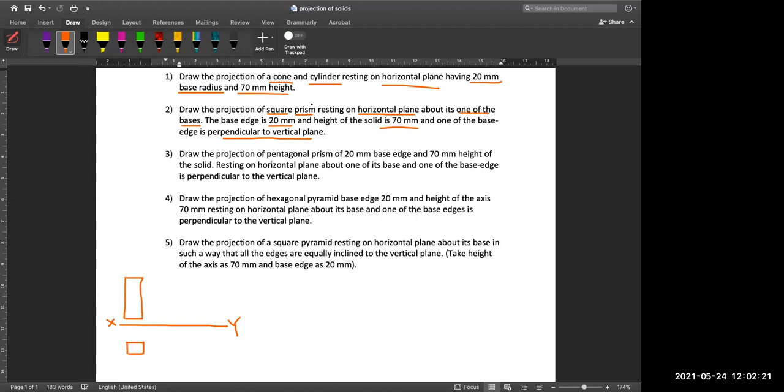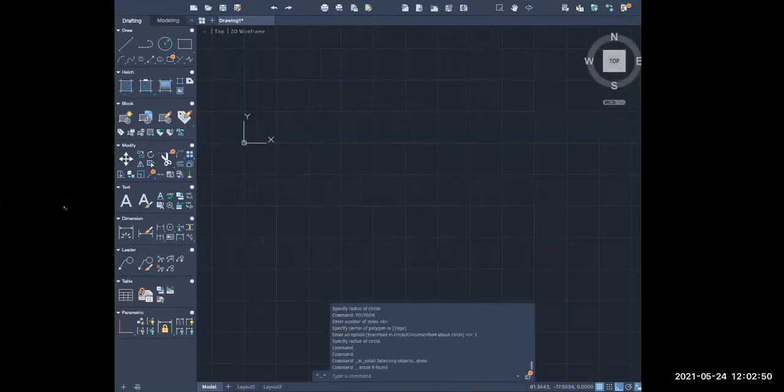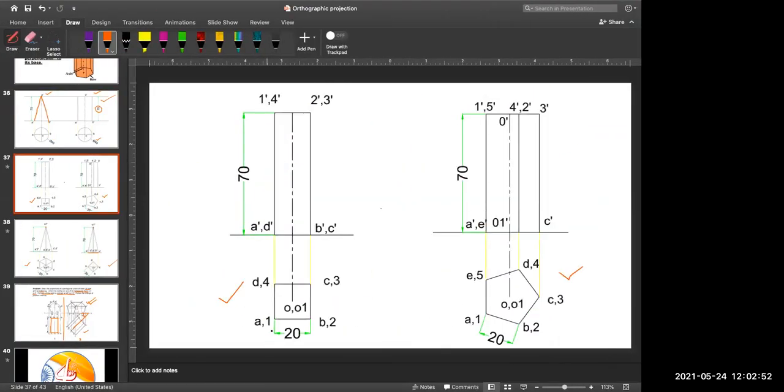The dimensions are given, that is fine. Next, one of its base edges is perpendicular to the vertical plane, which we have already seen here. This is perpendicular to your vertical plane, this angle is 90 degree, so that is also incorporated in this part. For that you can see this drawing.